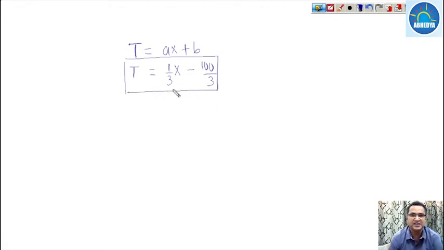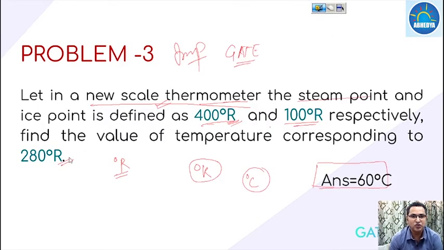Now since T is equal to Ax plus B, the equation reduces to T is equal to x by 3 minus 100 upon 3. At what x do we have to measure? At 280 degree R.